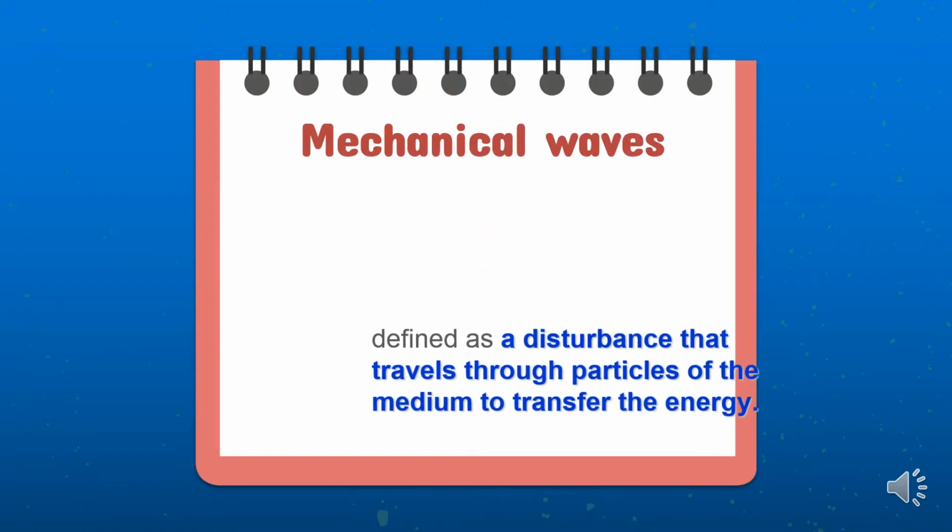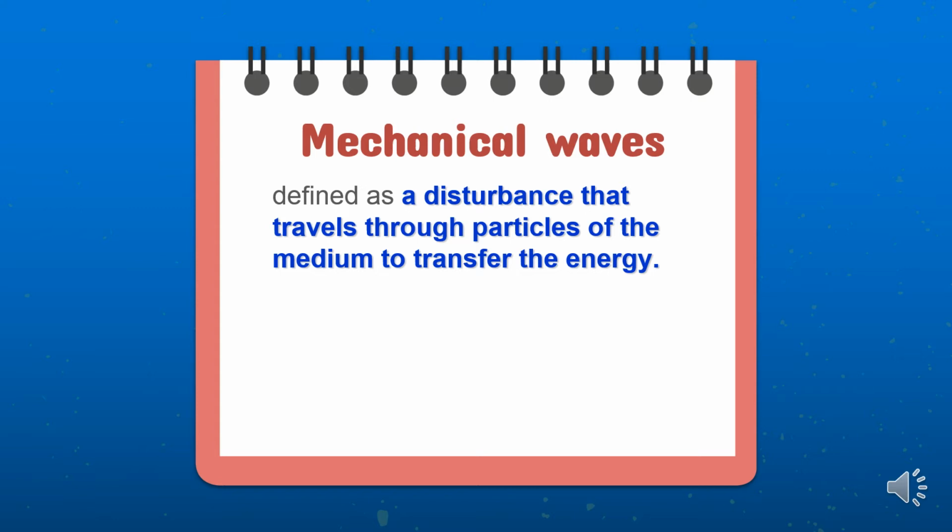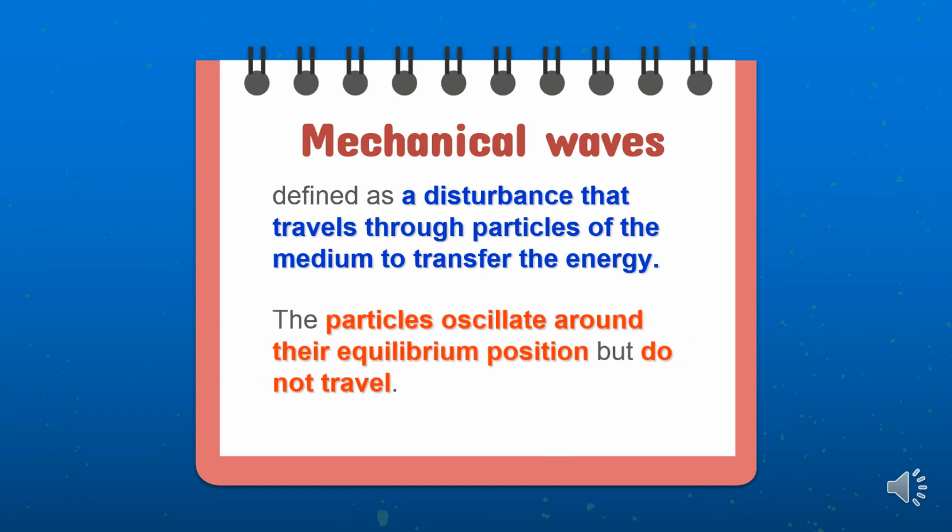Mechanical wave is defined as a disturbance that travels through particles of the medium to transfer energy. The particles oscillate around their equilibrium position but do not travel.